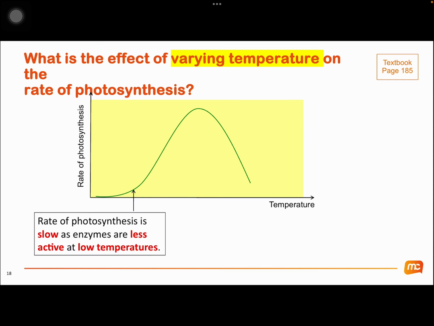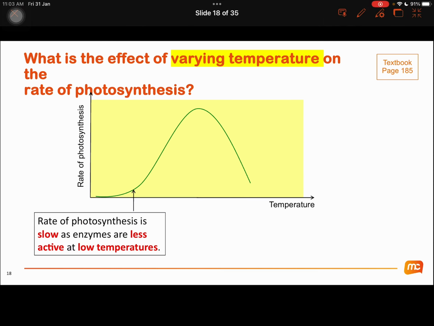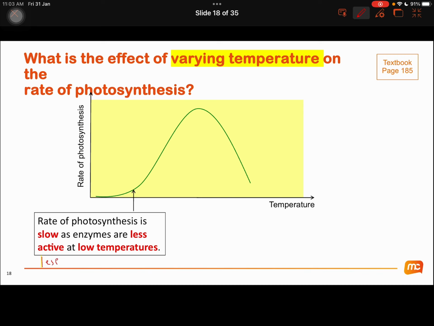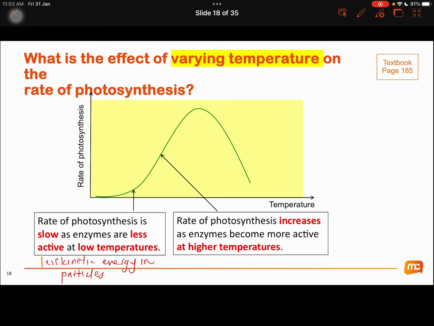Why it starts off slow is because it is less active, as there is less kinetic energy in the particles. As the temperature increases, it becomes more active, because there is a higher rate of collision between the enzymes and the substrates.